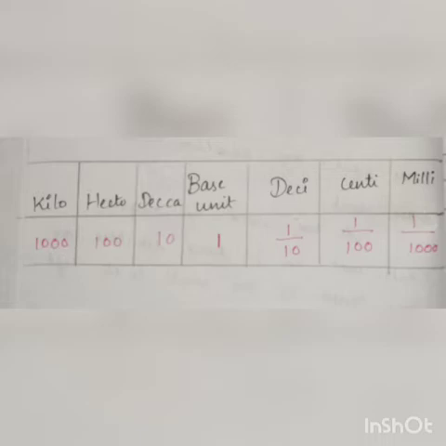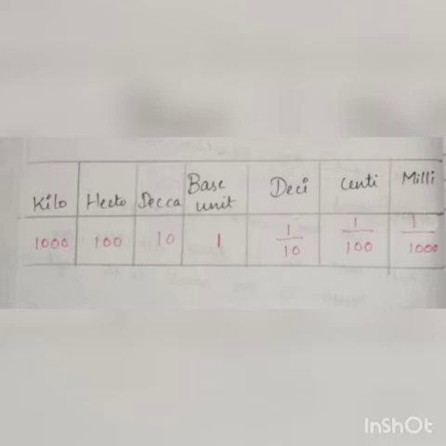Next, I told you bigger units will be on our left side. So from base unit, if I am shifting towards deca, deca is on the left side. Only one time you are shifting, so 10. What are the zeros in 10? Only 1. So you will do 10.